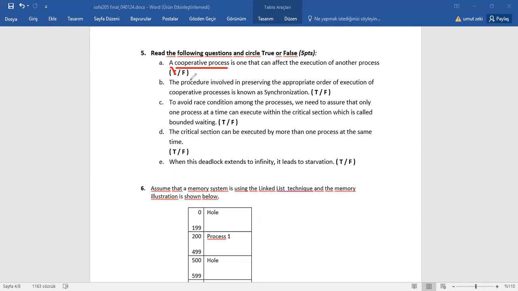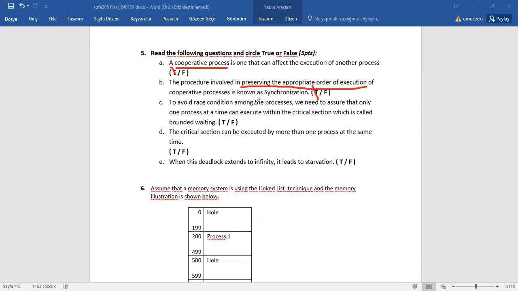It is true because with cooperative processes, one process produces something and the other one is consuming, or two processes may need the same memory element to do something. So it is true. The procedure involved in preserving the appropriate order of execution of cooperative processes is known as synchronization. Yes, preserving the order of execution, synchronization.